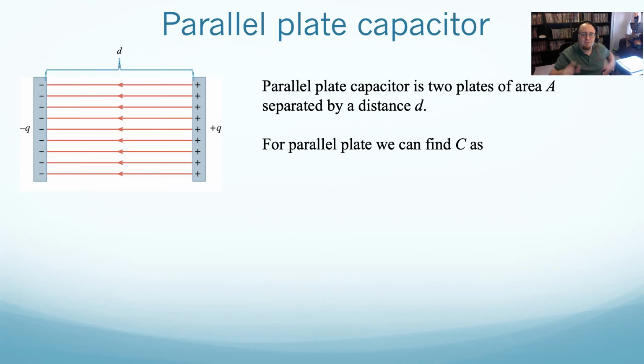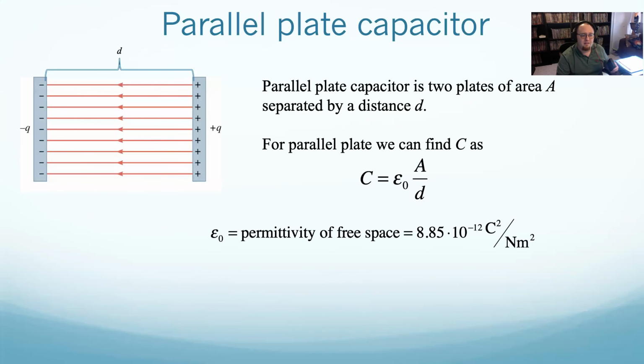If I have two parallel plates, I can say the capacitance, aka how much charge per voltage they can hold, can be given as so: C equals epsilon naught A over d.